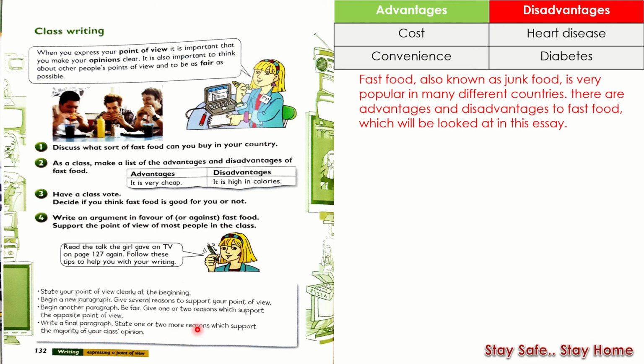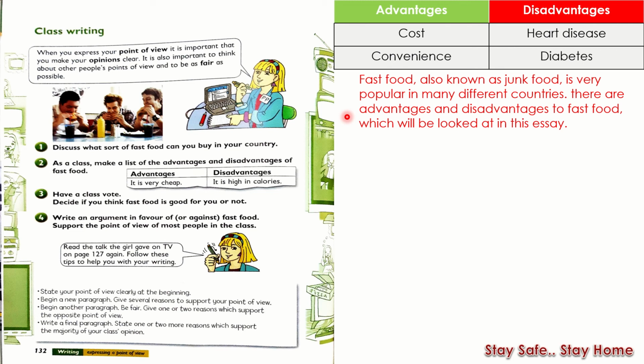Guys, let's see. This is my first paragraph about fast food. You have two choices: either the introduction includes your opinion, or it does not. If it includes your opinion, it must be very brief. You don't want to go into details in the introduction. But for myself, I would prefer not to put my opinion in the introduction.